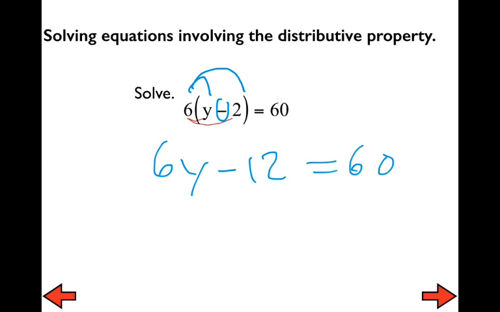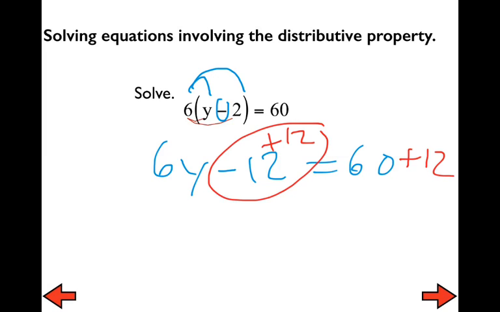Now we have a simple two-step equation to solve. We add 12 to both sides, and remember, adding 12 is the inverse operation to subtracting 12. We're looking to make sure that these two things are opposites of each other, trying to make 0 on the side with the variable.